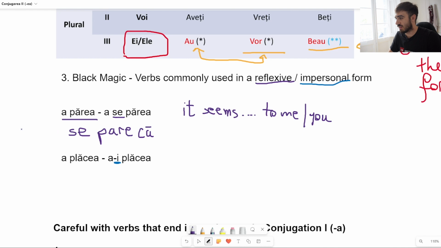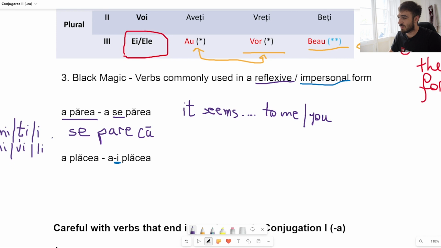So you would add here in front mi, ți, i, and then ni, vi, li. All of them are with I.